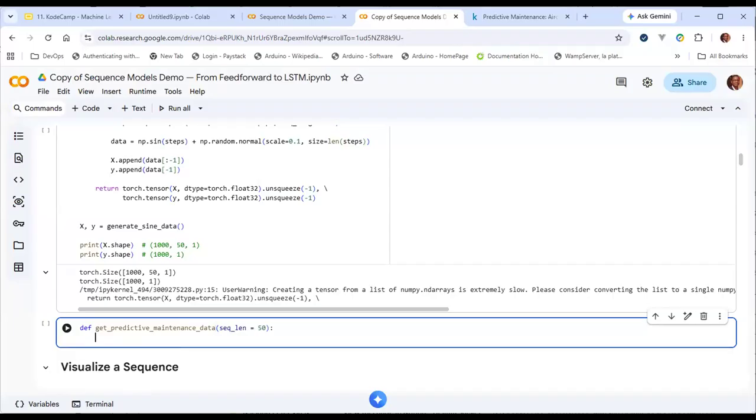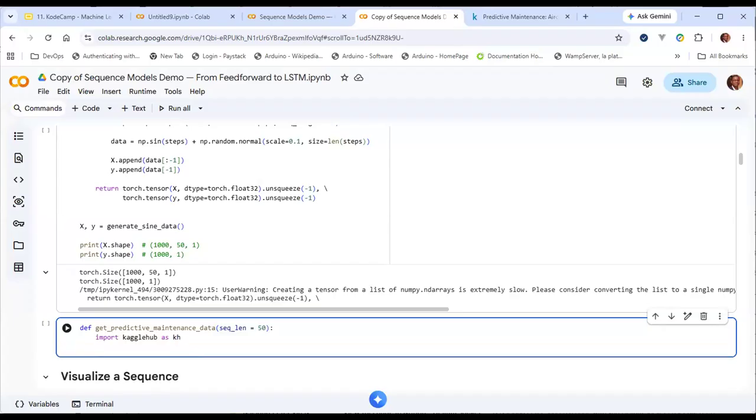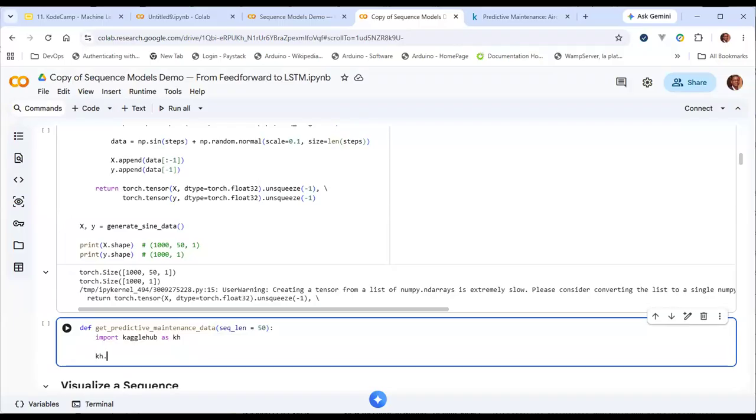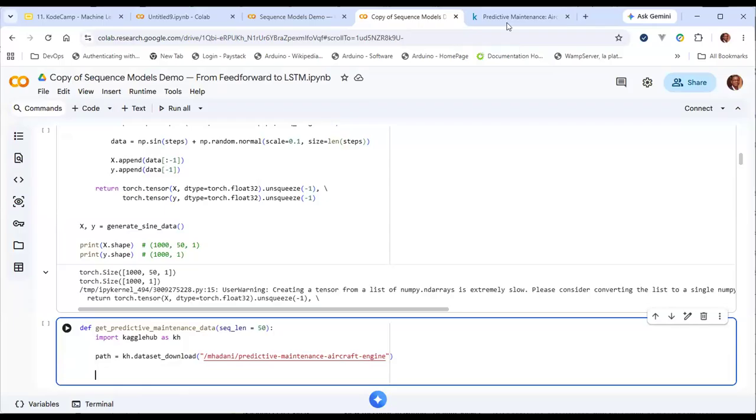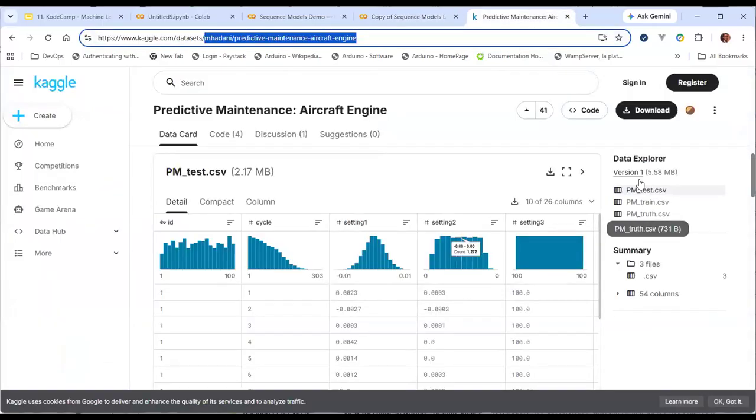So we will first import kagglehub as KH, and then we will do KH dot dataset download, and then I will pass in this, and that should be the path. Then from what we have seen here, we'll load the truth.